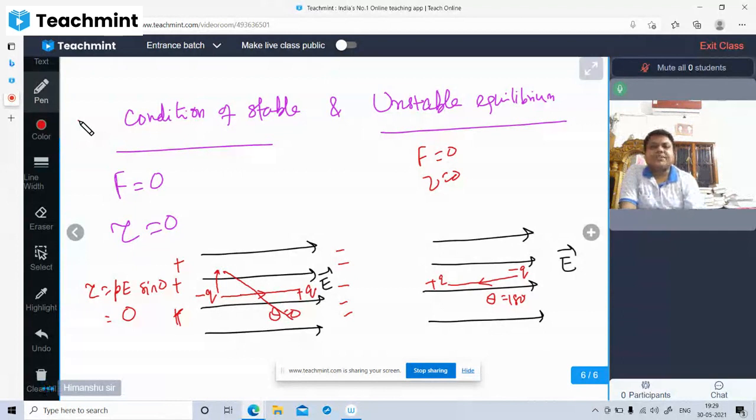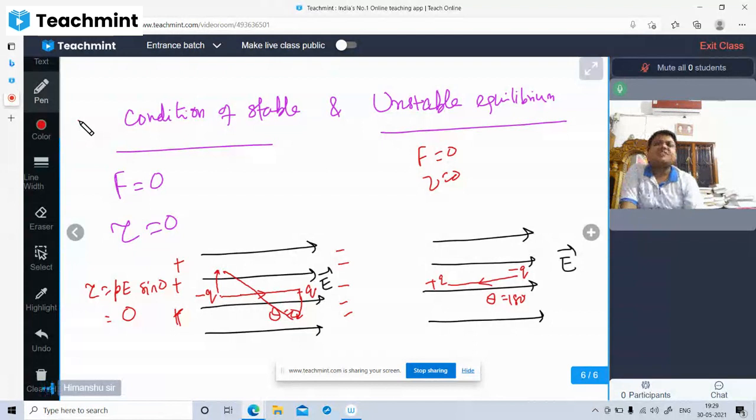So minus q, here it is plus q. Such movement is done by applying external torque. So the minus charge is moving away from the positive charge, but the negative charge is directed from minus to plus. That means the negative charge wants to be here, means this is the condition.